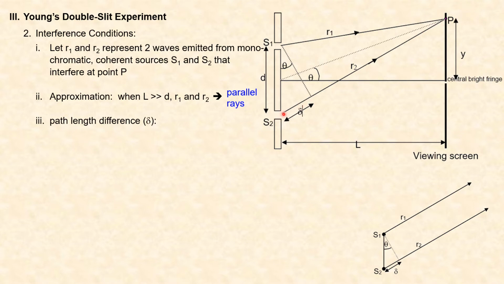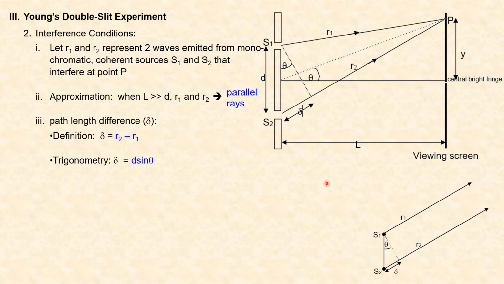So what we're saying here is that the wave emitted from slit S2 travels a further distance to the screen, at least to point P, than the wave emitted from slit S1. And this distance delta represents the difference in distance traveled between these two waves. Here, the difference R2 minus R1 is what we call delta, the path length difference, in our case an optical path length difference.